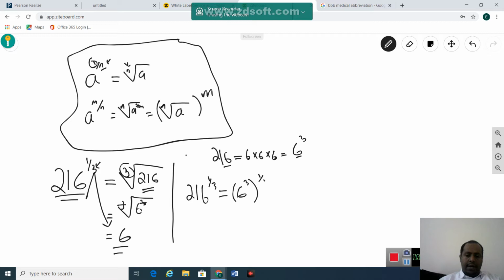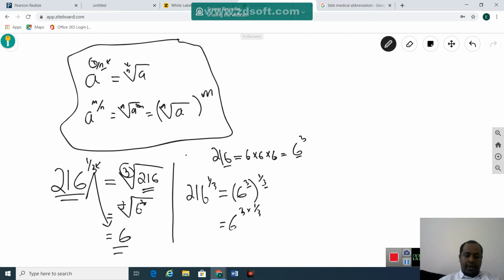Then I will apply my previous knowledge of exponents. I will apply the rule of the exponent. Here the power of a power can be written as a product of the exponents. Therefore, 6 to the power of 3, to the power of 1 over 3, is the same as 6 to the power of 3 times 1 over 3.